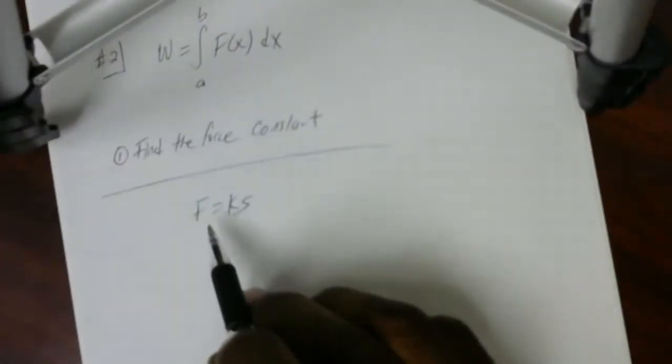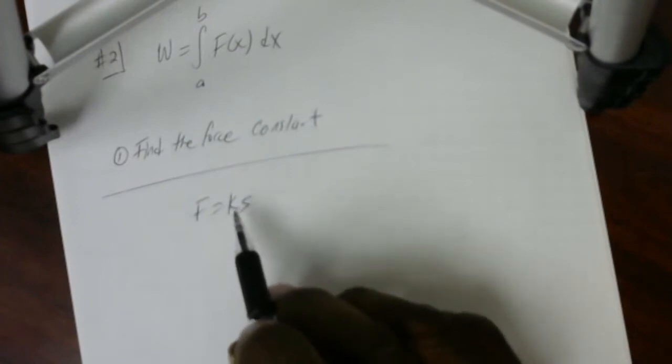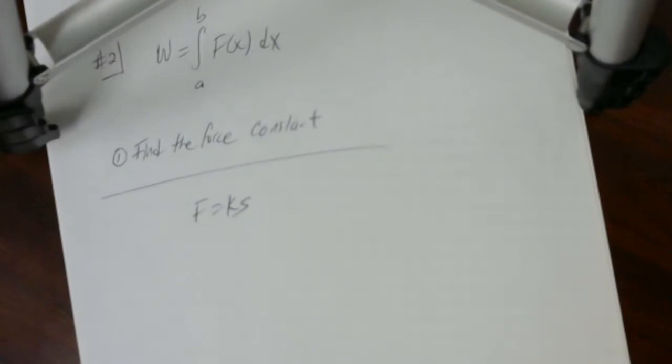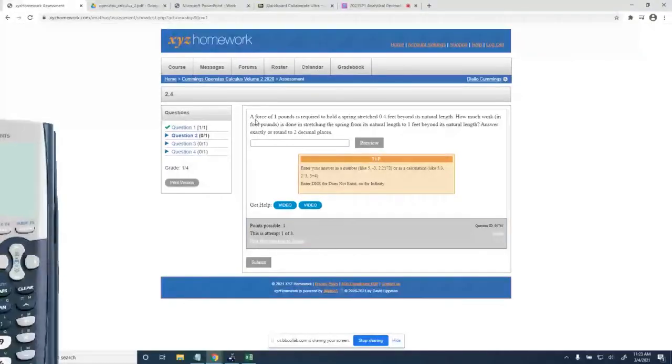So here's Hooke's law. The force is equal to K, which is the spring constant, times S, which is the distance. If we go back to our problem, we see that a force of 1 pound, so in our formula, we're going to substitute F for 1, is required to hold a spring stretched 4/10 of a foot beyond its natural length.